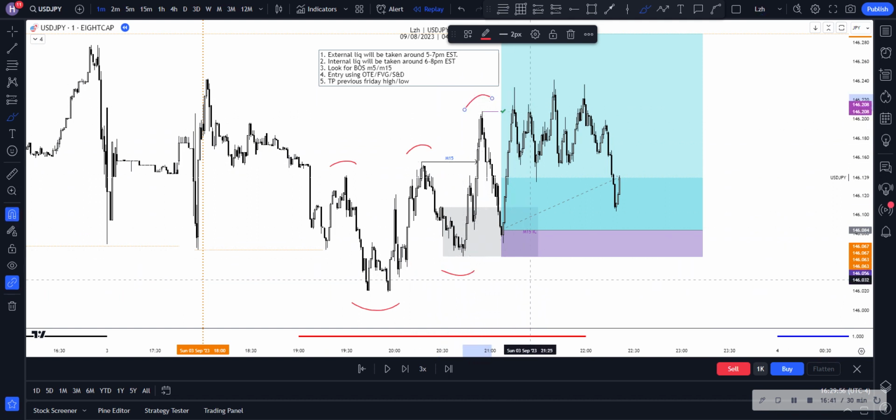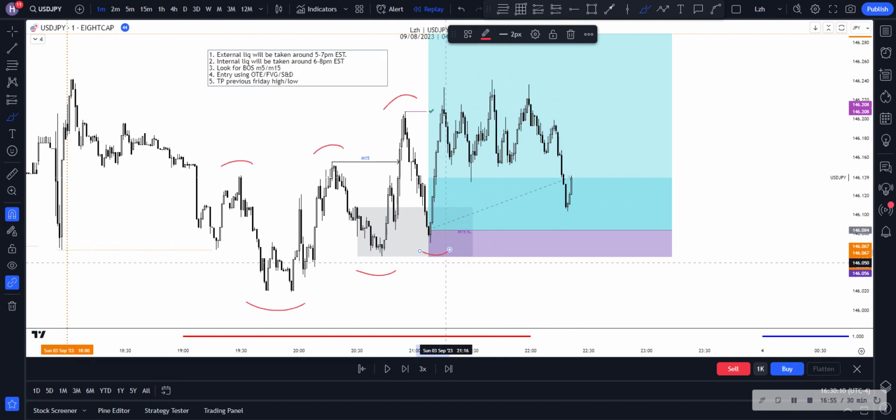So for now we can confirm that this price is pulling back to the premium, or even to the external liquidity, which is a range high. So this will be the new low.